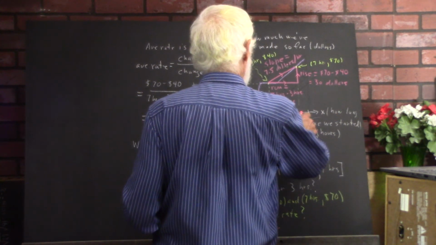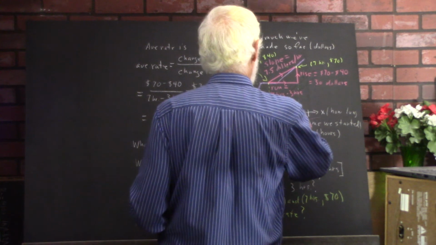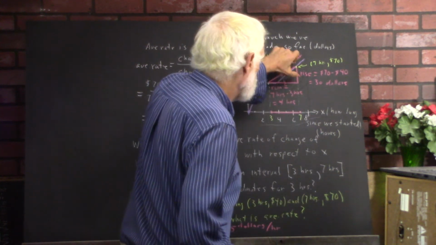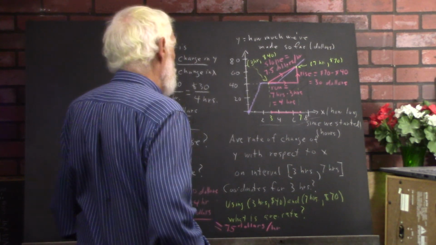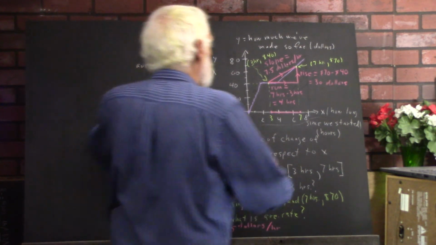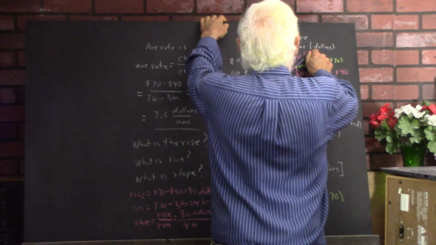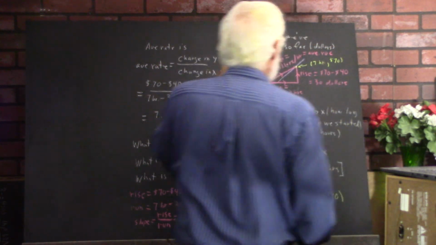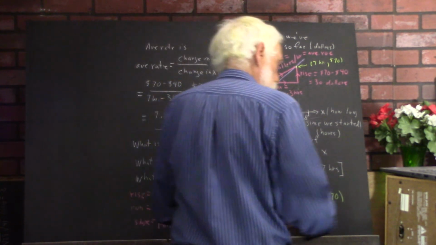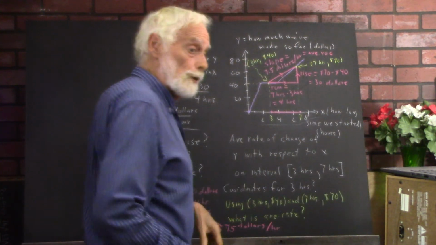I'm going to specify that interval. Here's our interval, here's our triangle, here's our slope, which is the average rate of change. So the slope equals the average rate of change on that interval. I don't have to put all the words in there.